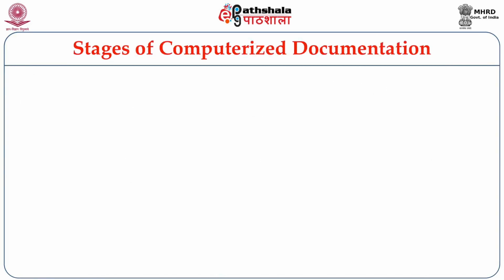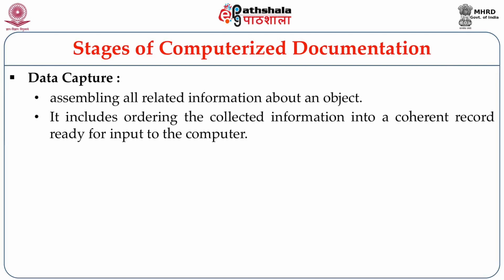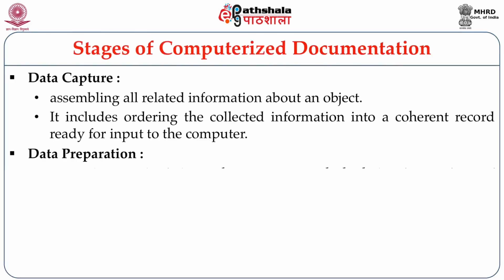Different stages of computerized documentation are data capture. Data capture includes assembling all related information about an object. It includes ordering the collected information into a coherent record ready for input to the computer. The next step is data preparation.